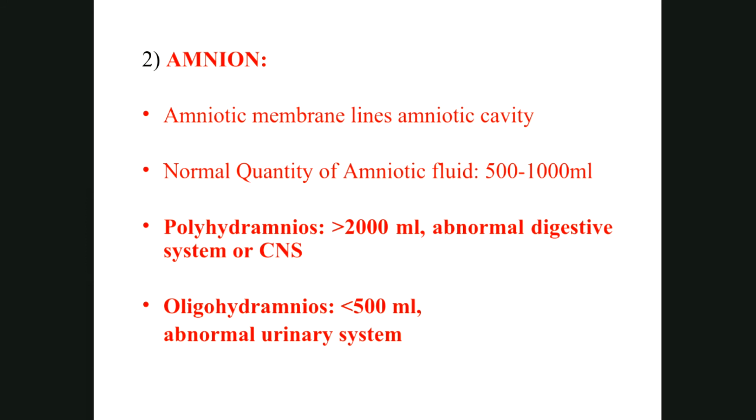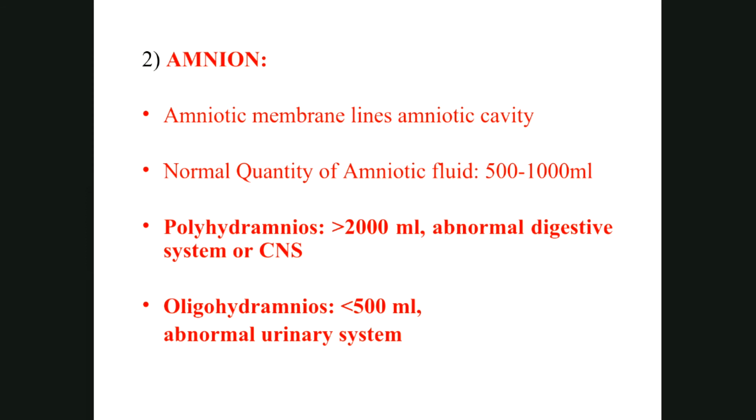So the fluid is more than 2000 ml, sorry, 2000 ml, so 2 liters of amniotic fluid. If the quantity of the fluid is more than 2 liters, then it will be polyhydramnios.